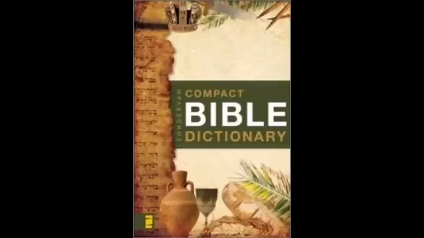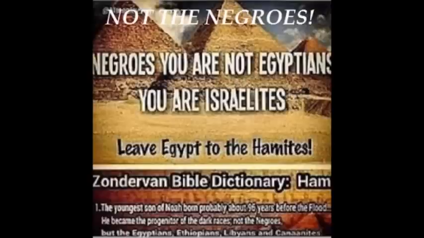It clearly pointed out that Ham did become the progenitor of the Egyptians, Ethiopians, Libyans, and Africans, but not the Negroes. Wait, what? Right. That was a game changer, because that passage clearly made the distinction between the Negroes and those other dark races whom Ham became the progenitor of.